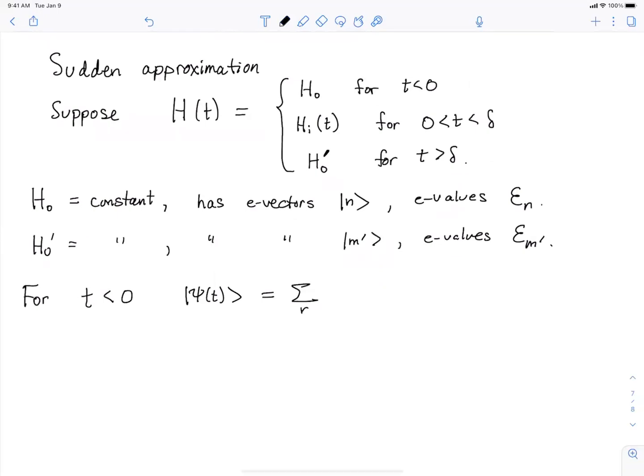So I'll write a sum over n, some coefficients that we don't know, let's say, the energy eigenstate, and then each energy eigenstate evolves in time like the exponential of its energy times time over h bar.